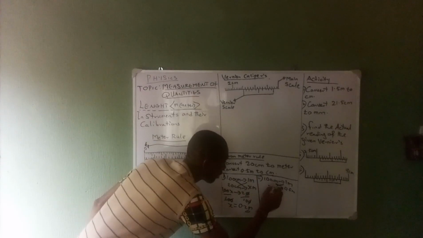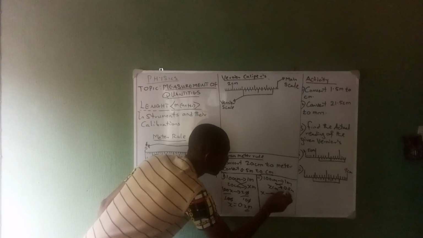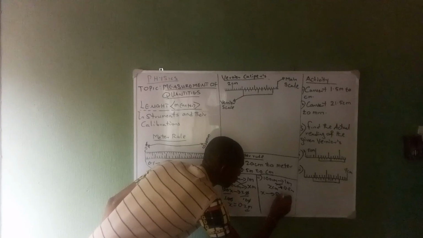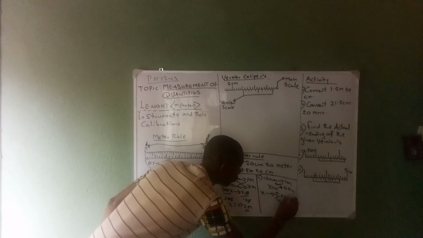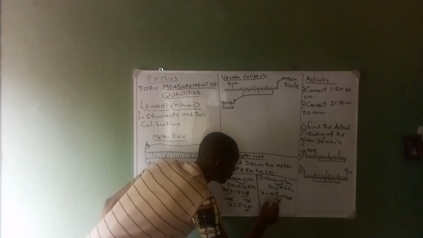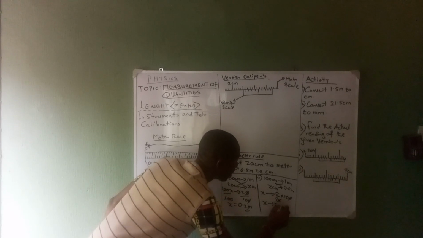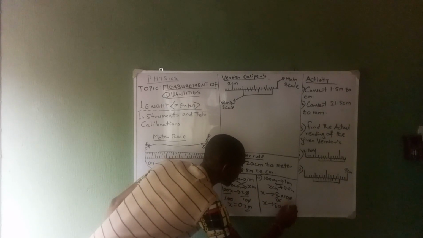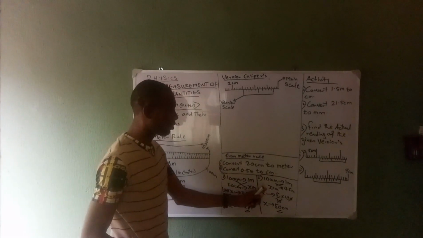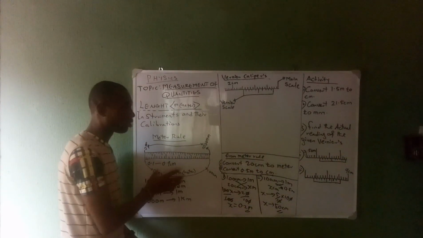If we cross and multiply, we have x times 1 giving x, equal to 100 times 0.5. Now we change this 0.5 to a fraction, which is 5 over 10, times 100. 0 will cancel 0. Then 5 times 10 gives us 50. So our x will be equal to 50 centimeter. So 50 centimeter will give us 0.5 meter in the calibration of this meter rule.